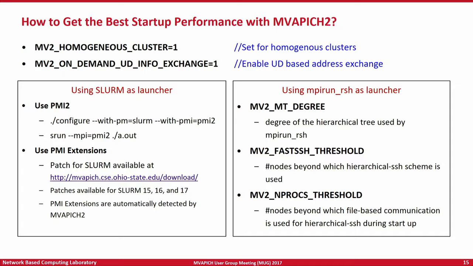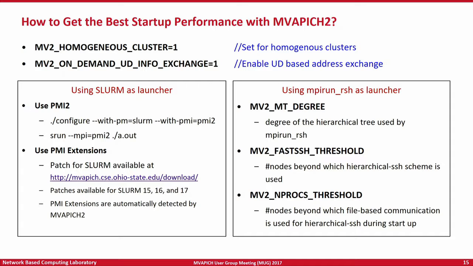Now, the 22 second or 51 second number you saw here was obtained as a result of tuning a lot of these variables. So for instance, the MV2_MPIRUN_DEGREE variable had a significant impact on reducing the startup time from the 51 seconds that's listed here to about 22 odd seconds.